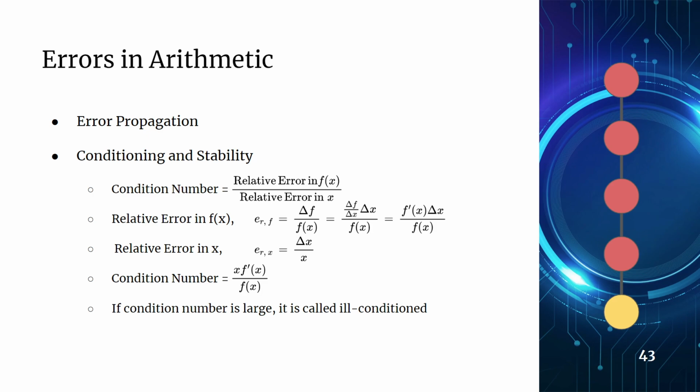Suppose the true value of x, expressed as xt, is, I don't know, maybe 2, and I have approximated x's value, the approximation xa, as 1.9.